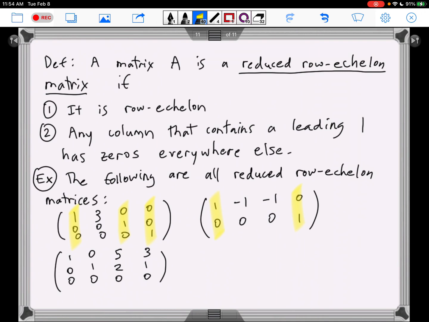Yes, this one is reduced row echelon because of those two leading ones. The third row is a 0 row, so that has no leading ones, of course. And 1, 0, 0, 0, 1, 0, 0, 0, 1. Of course, here all three columns have leading ones in them, and they all have zeros everywhere else.